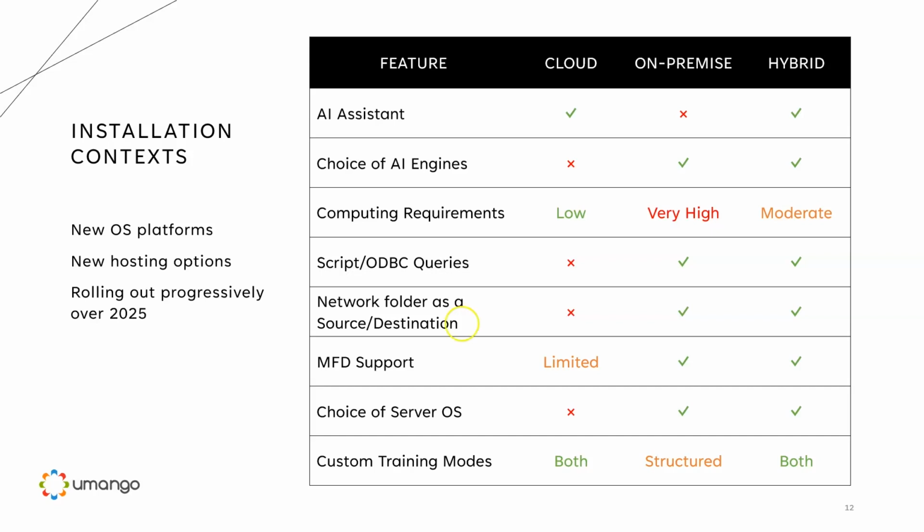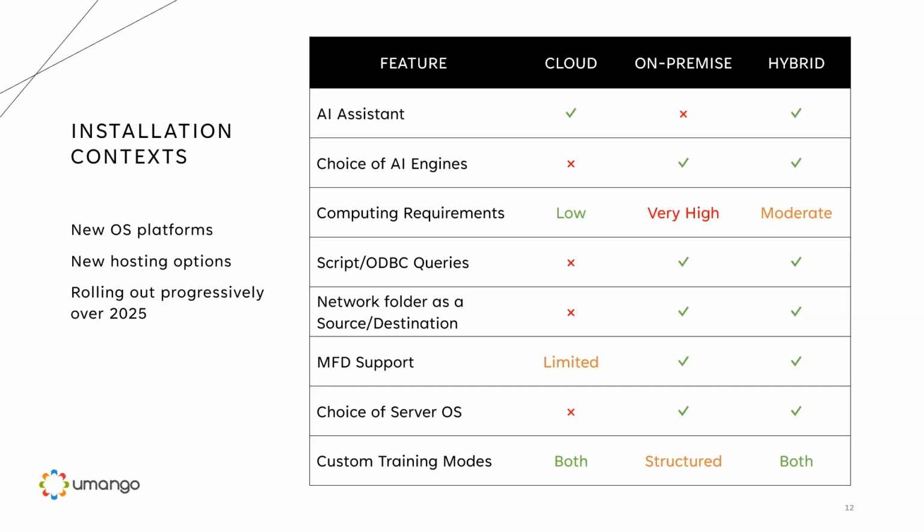It's also going to mean that in cloud-based scenarios, there are some MFDs that are not going to support a cloud hosting environment, so we won't be able to support those. Others may be able to, but are going to require a complete rewrite of our embedded, so they're going to lag behind a little bit. But I would anticipate that on launch we will be able to support some of those.